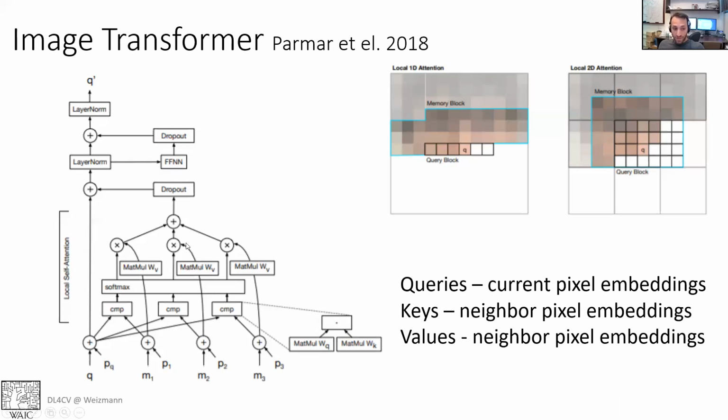What we gain from multiplying the values of neighboring pixels with the similarity between a current pixel and the neighboring pixel is just a weighted sum of the embeddings of the neighboring pixels, right? So the image generation in this context just means taking a weighted sum of already generated neighboring pixels.